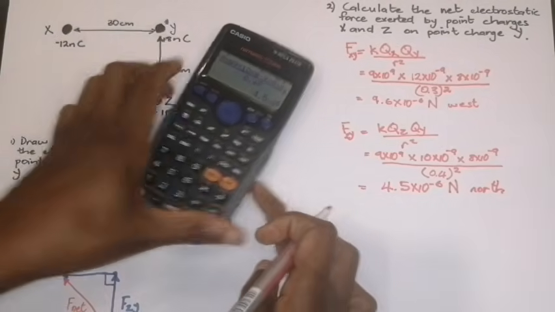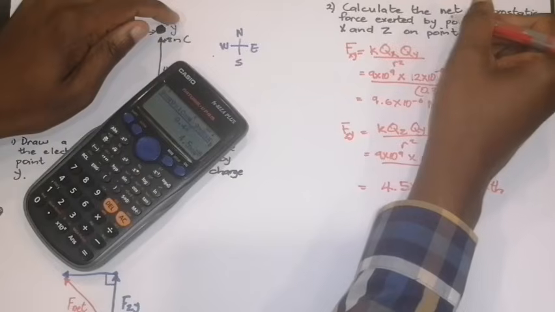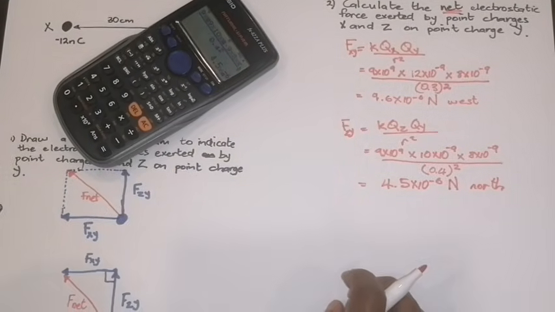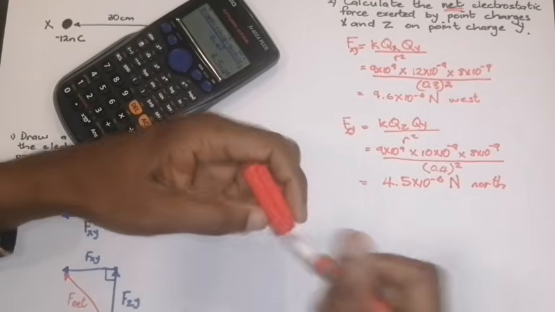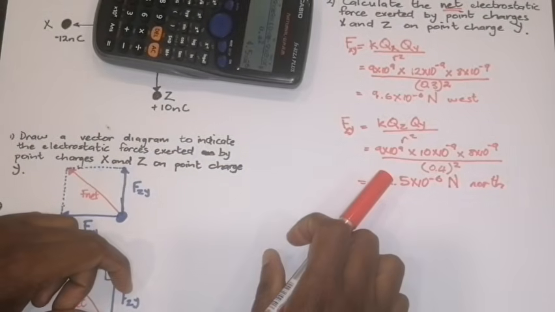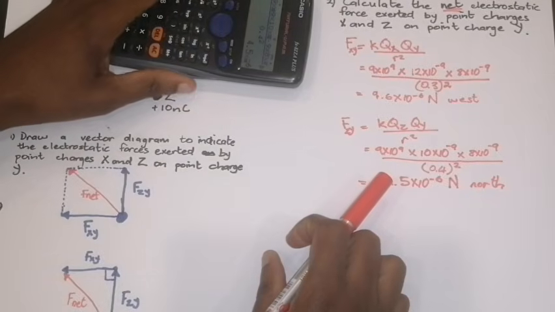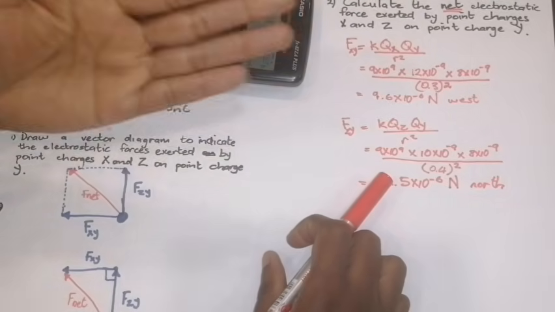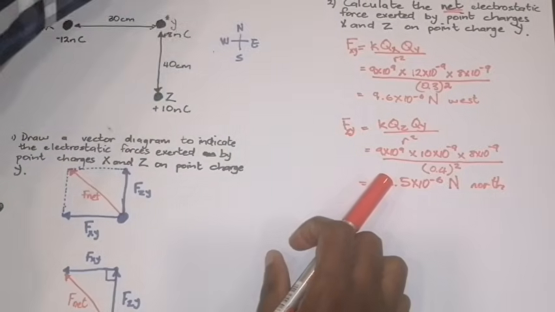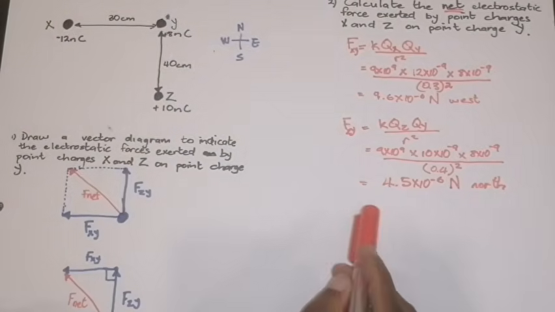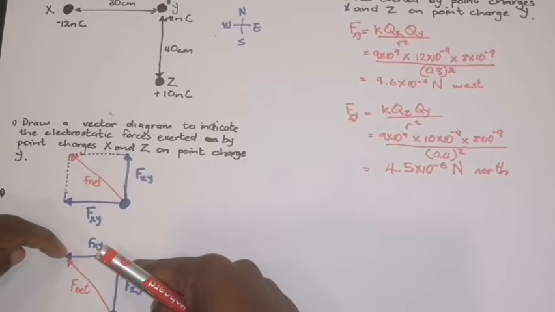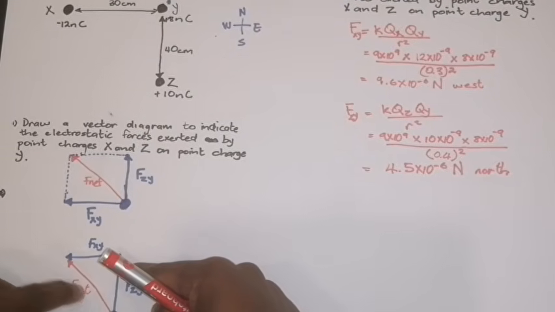Now remember, we're not done. What we are looking for is the net force. As opposed to the previous examples that we have been doing, where we had to add the forces together because they were in the same dimension, in this particular case, I want you to please look at it. Now you've got two forces that are at right angles to each other, and you're looking for the net force.